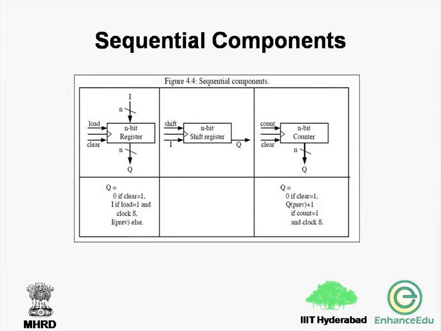A few sequential components are shown in the figure, which has the n-bit register with load and clear, where the input is I and the output is Q. The output is equal to 0 if clear is equal to 1, and I if load is equal to 1.